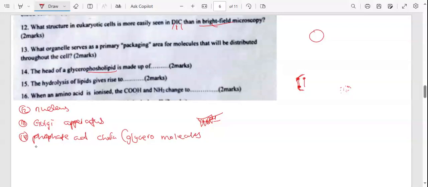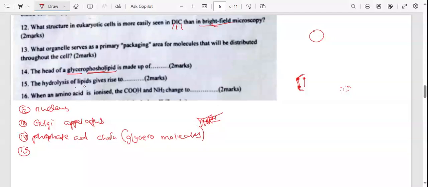The glycerol molecule is the one that makes up what? Glycerophospholipids. So we have glycerol and also phosphate. That is it.